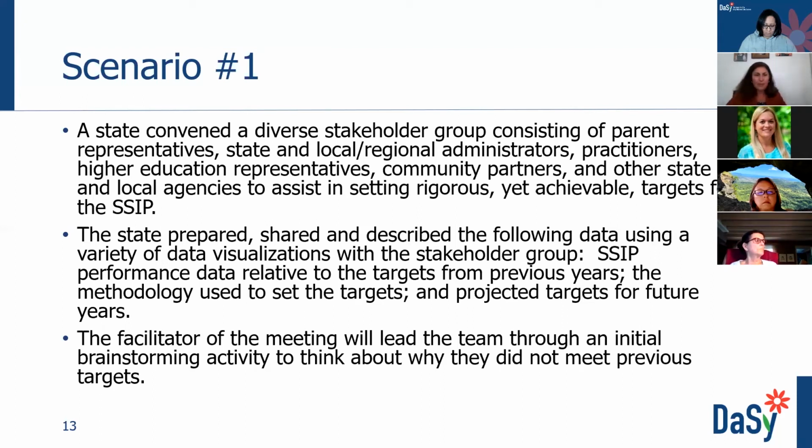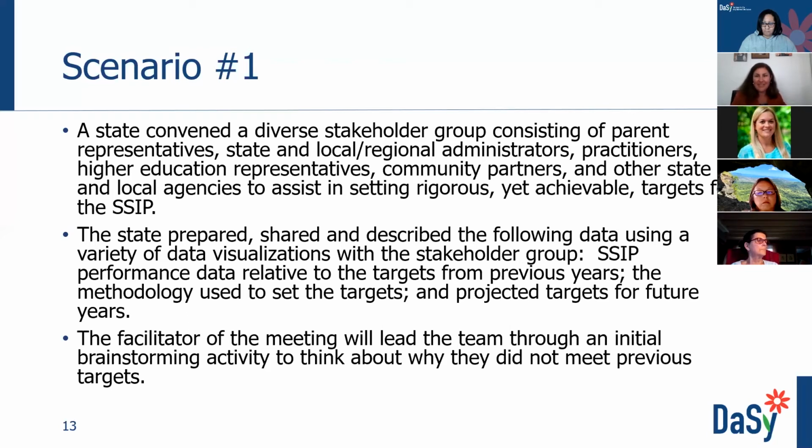The state prepared, shared, and described the following data using a variety of data visualizations with the stakeholder group: ESSEP performance data relative to the targets from previous years, the methodology used to set the targets, and projected targets for future years. The facilitator of the meeting will lead the team through an initial brainstorming activity to think about why they did not meet previous targets.